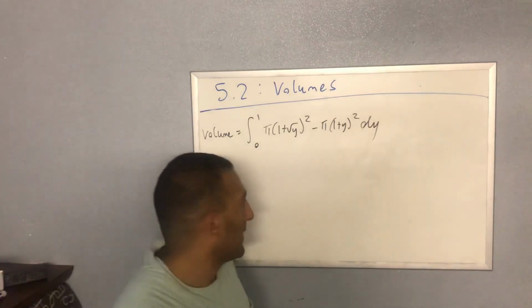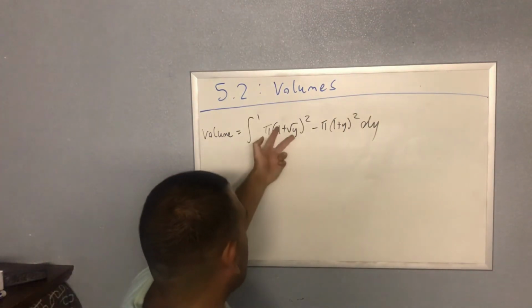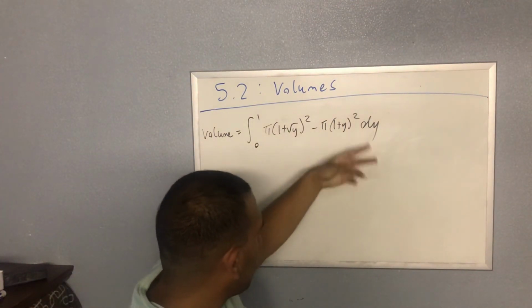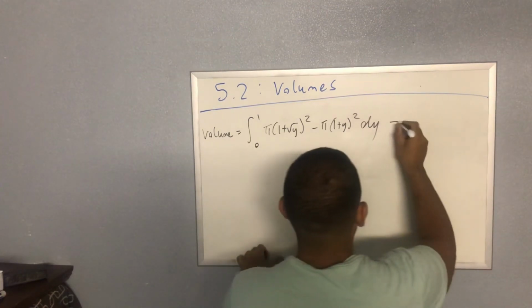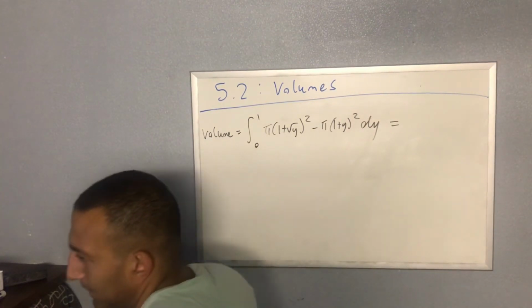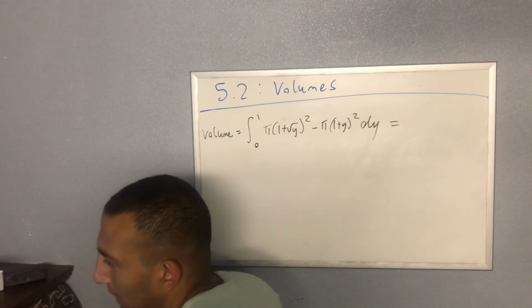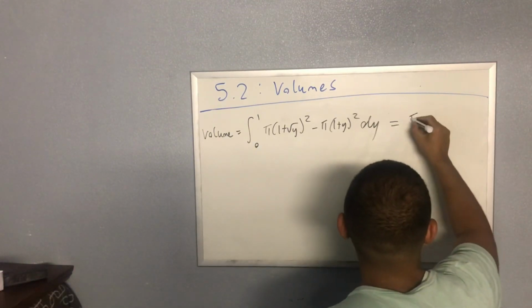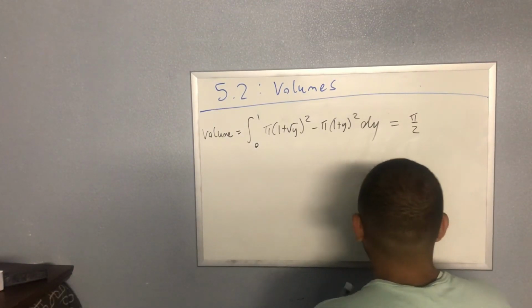And if you want to figure out how to do this, you expand it out by foiling it and everything, but the final answer just ends up being pi over 2. And if you guys have questions about this, definitely just please ask me in class.